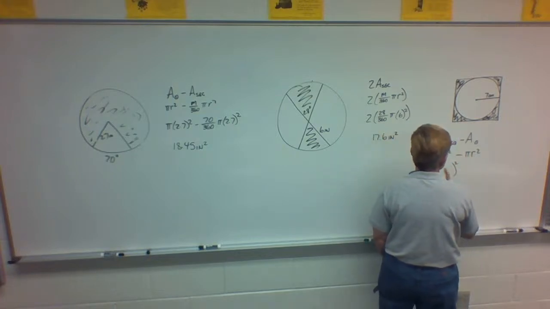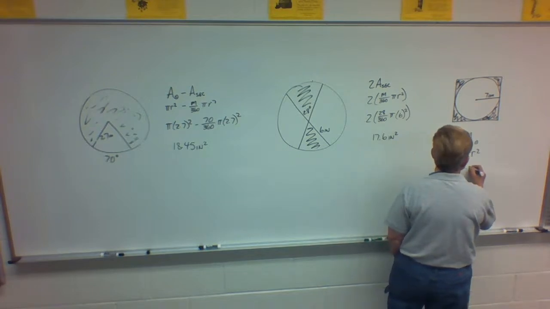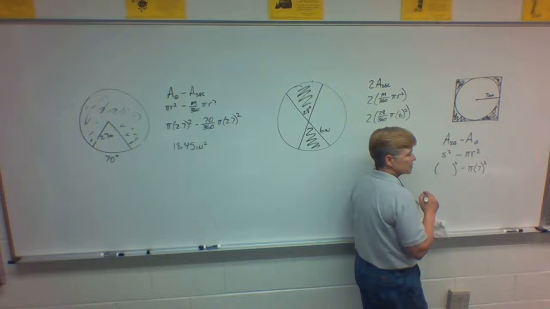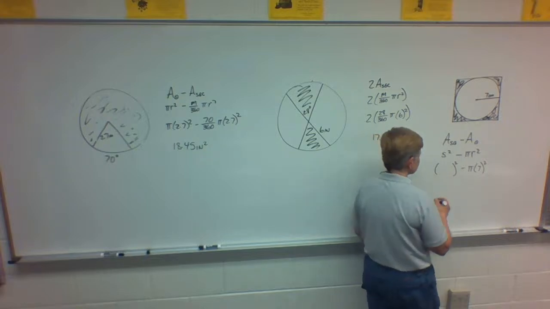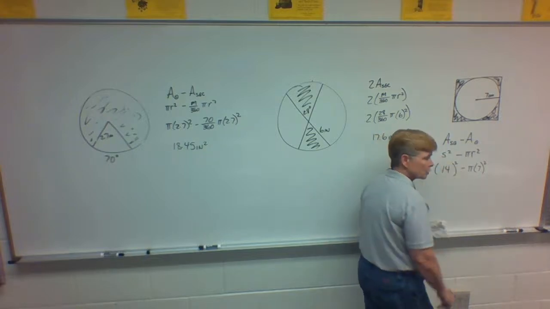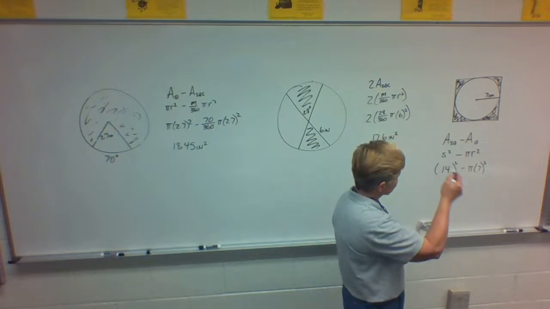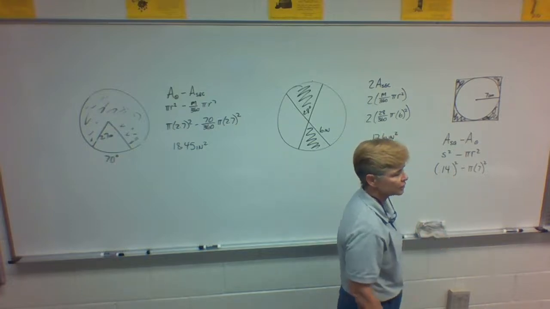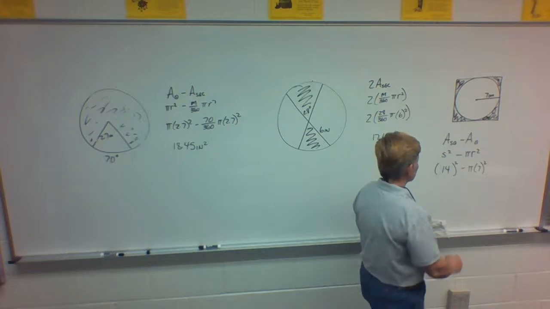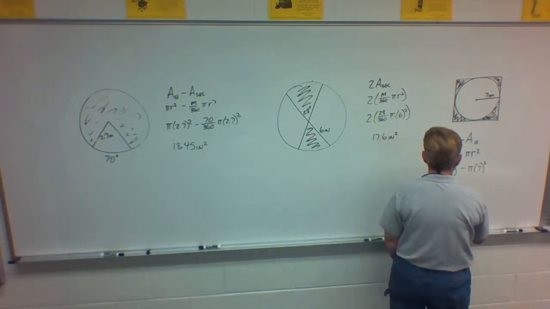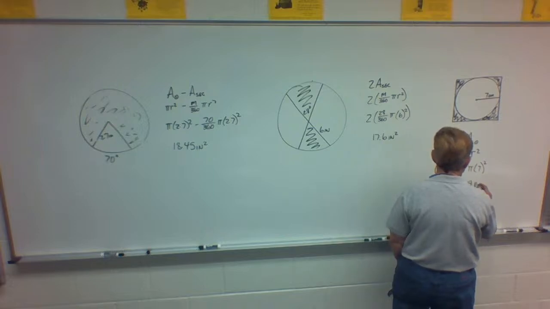I don't know exactly what those sides are yet, but I do know that pi times 7 squared goes here. How long are the sides of this thing? 14. Can you all see why it's 14? Yes. You stretch a diameter across, the same as the length of the sides. So it's going to be 196, because that's 14 squared, minus 49 pi.